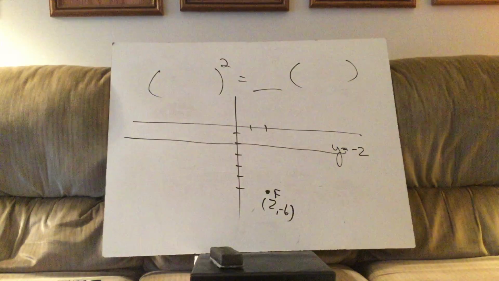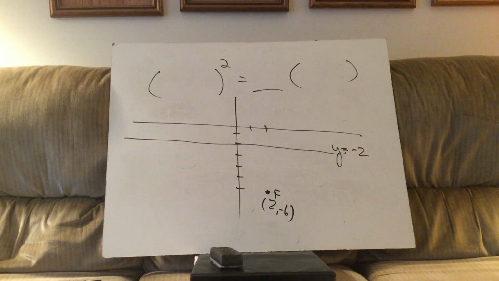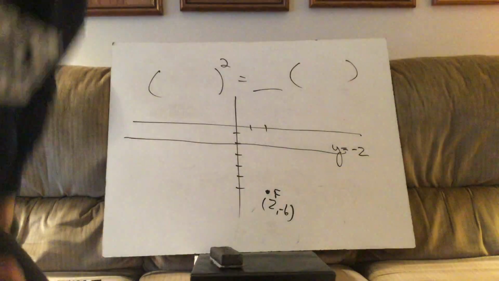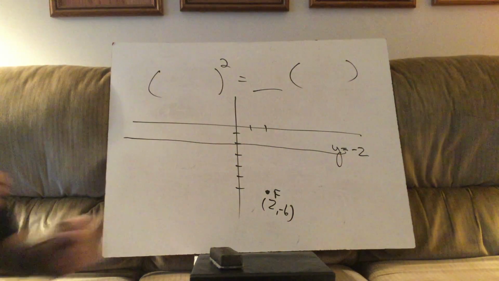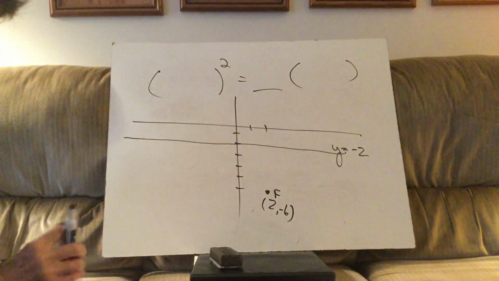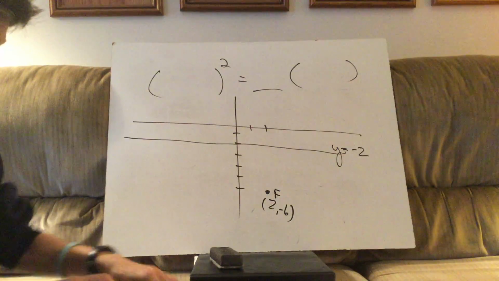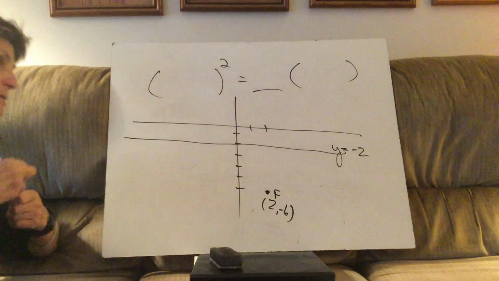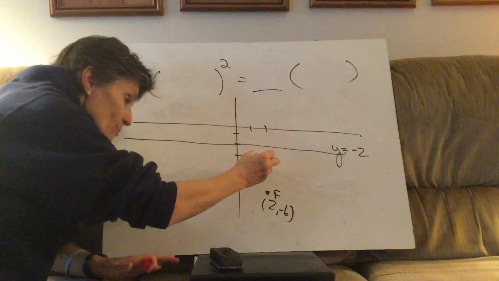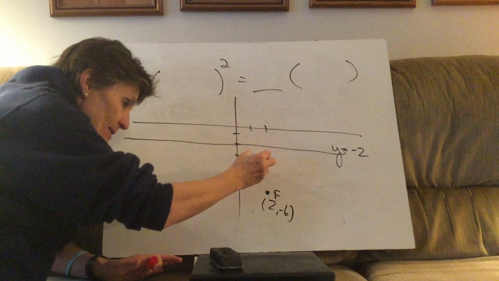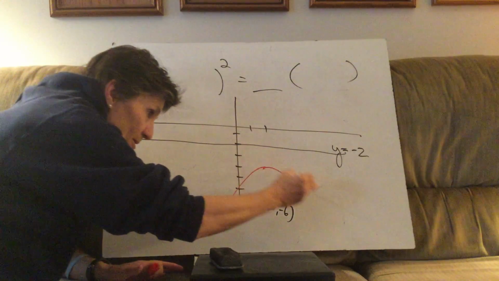Now, that information alone should tell you which way the parabola opens. Remember, it opens around its focus and away from its directrix. So the vertex is going to be right in here, and this parabola is going to look like this.